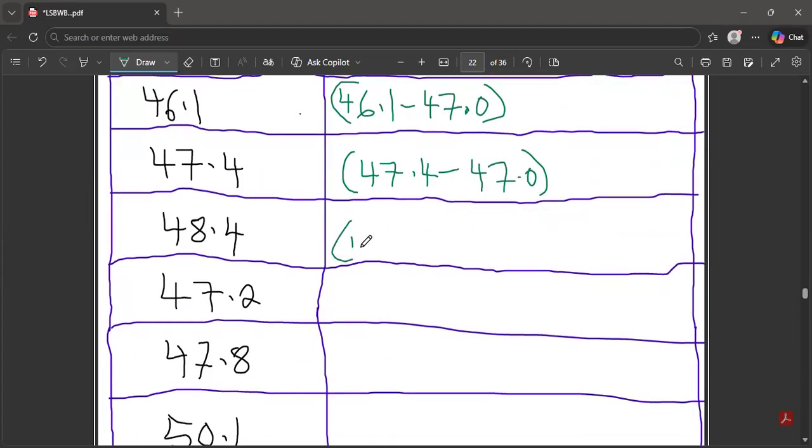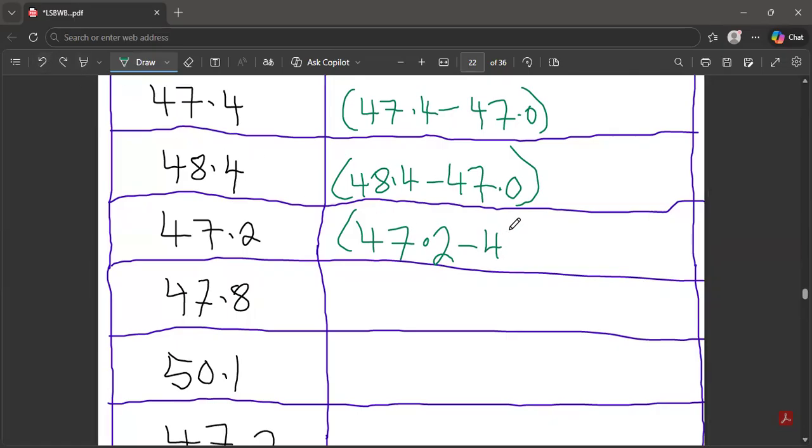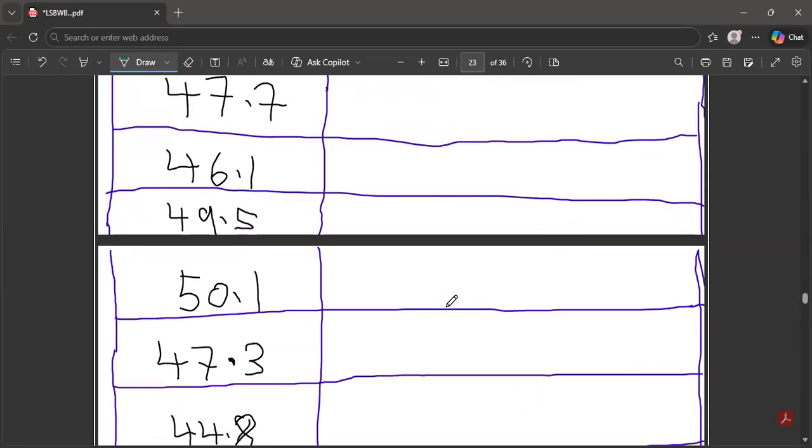Also, this side is going to be 48.4 minus 47.0. This is 47.2 minus 47.0. So it continues like that to the end.